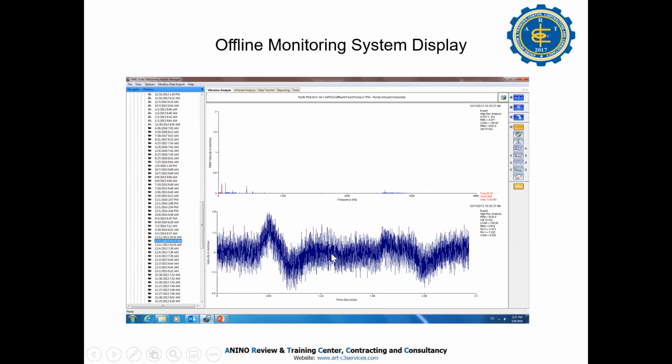You can have the spectrum, and you also have the time waveform. You can do anything. You can analyze here on the right side. You can trend this one. If you want to trend one year, you can.